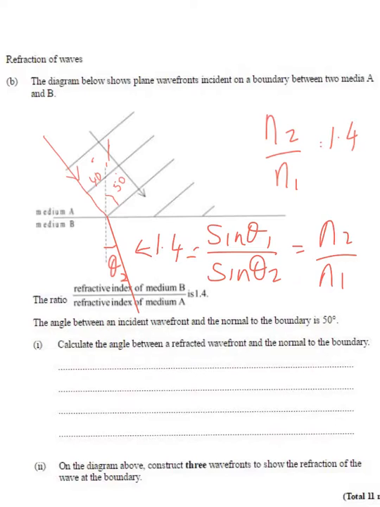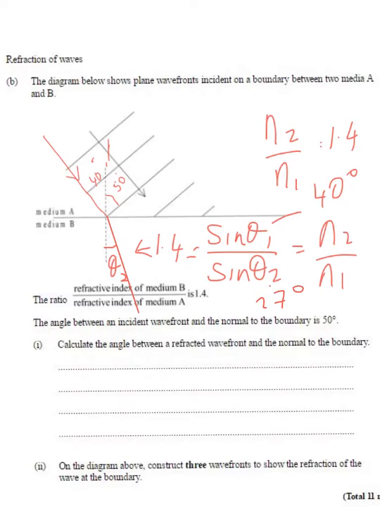Okay, so once you've got that, just rearrange this and substitute your value for 40 in here, okay? And you can work out that your angle is 27 degrees. Okay, so that should give you 27.